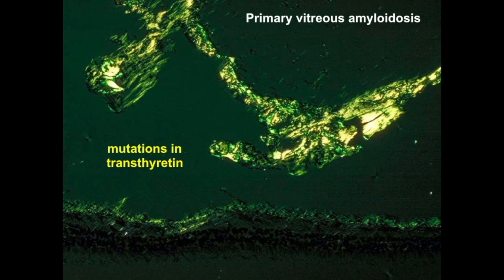This type of amyloid is comprised of atypical transthyretin. It's a transport protein for vitamin A and thyroid hormone. Again, the transthyretin mutations are responsible for a number of different types of familial amyloidotic polyneuropathies.